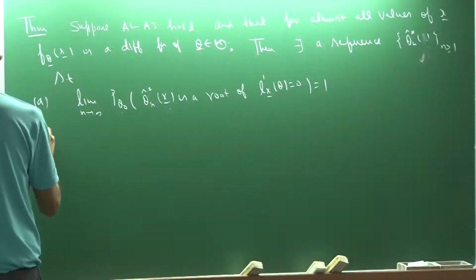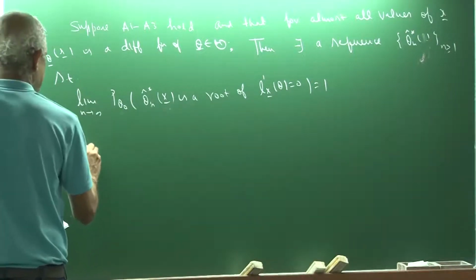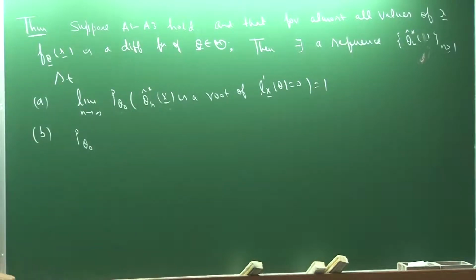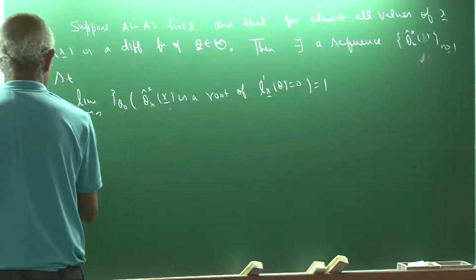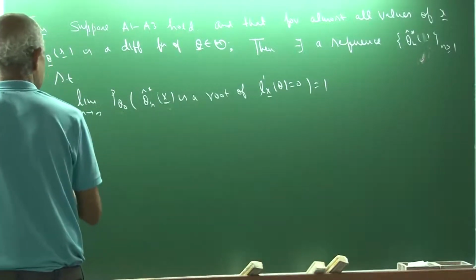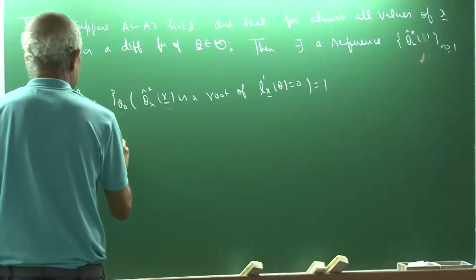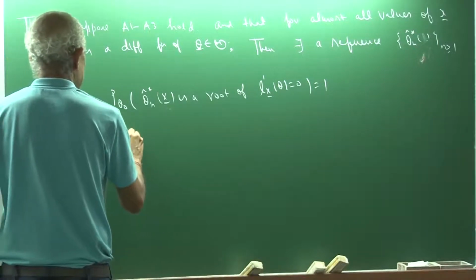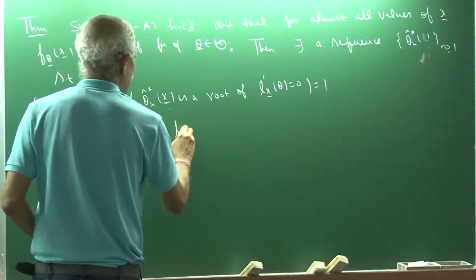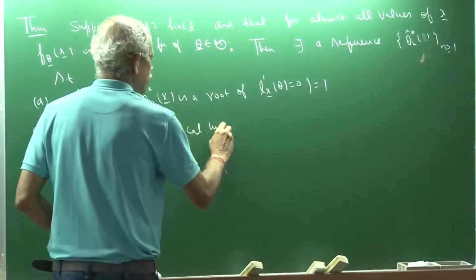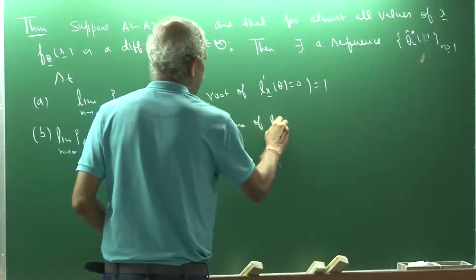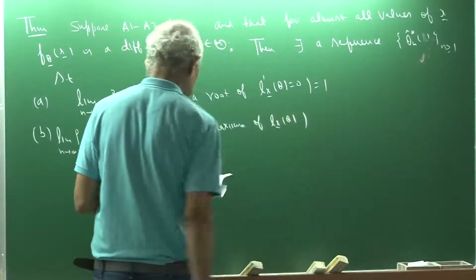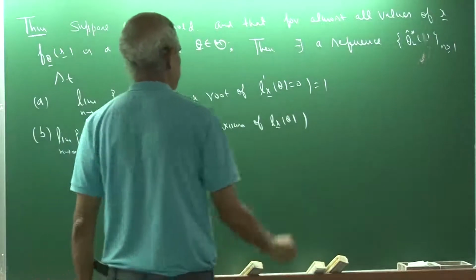Second thing is the probability that this theta n hat star x is a local maxima is also 1. So P theta naught, in the limit n going to infinity, theta n hat star x is a local maxima of Lx theta, is equal to 1.